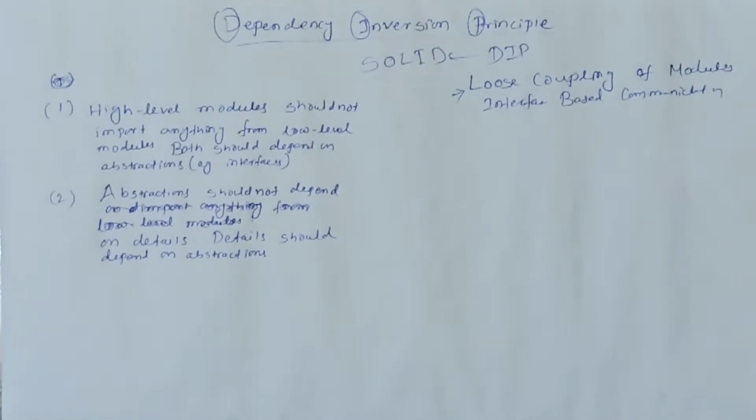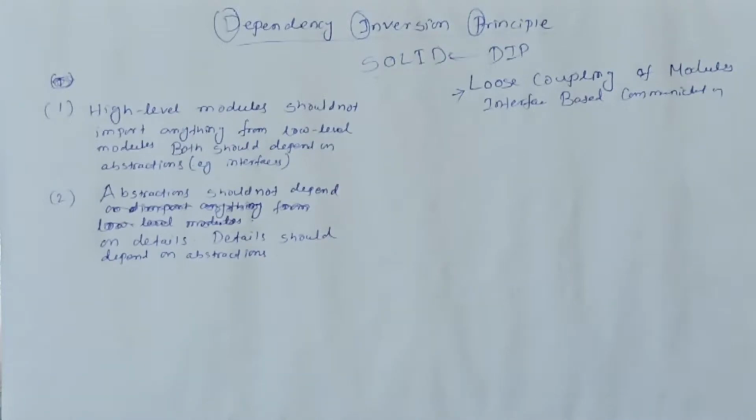But in case of a mobile, once we purchase it, it's very difficult to increase the RAM size, because that is tight coupling. So this DIP helps us to achieve loose coupling of modules.